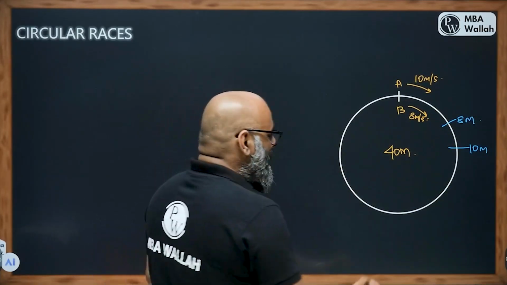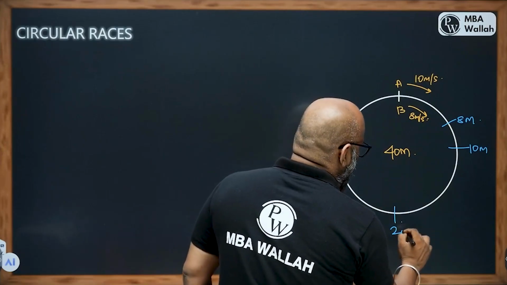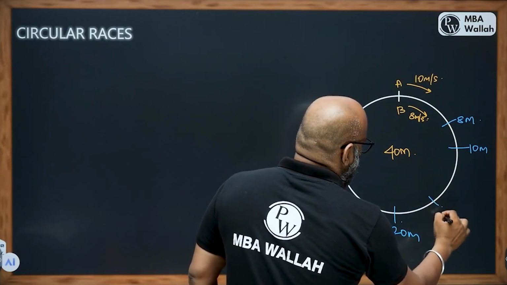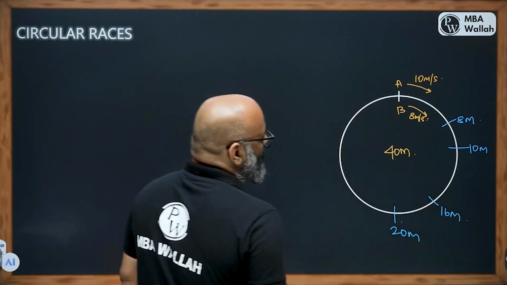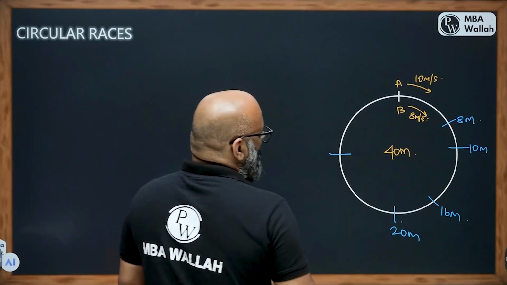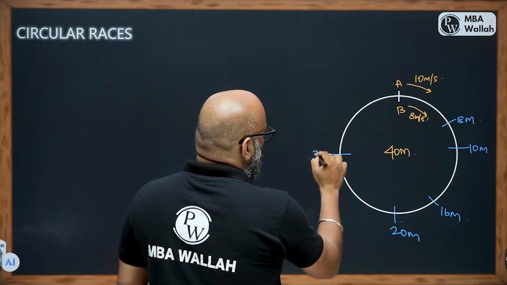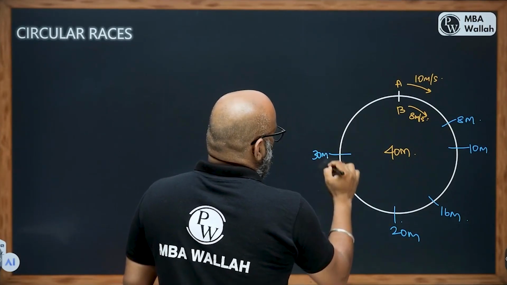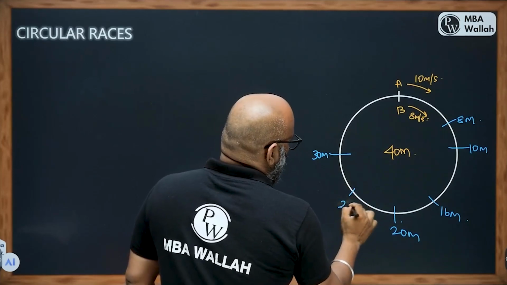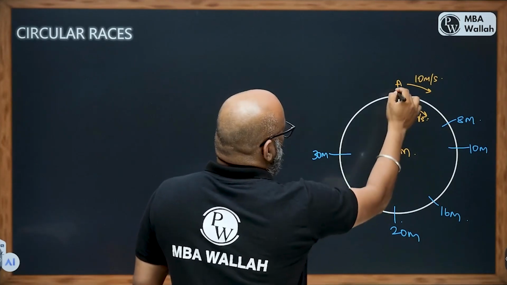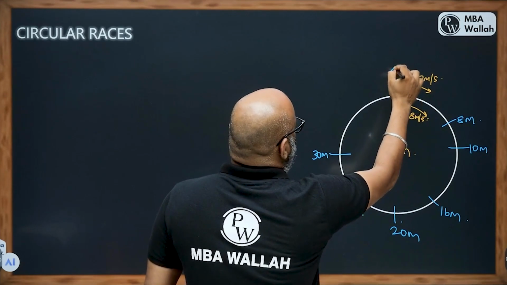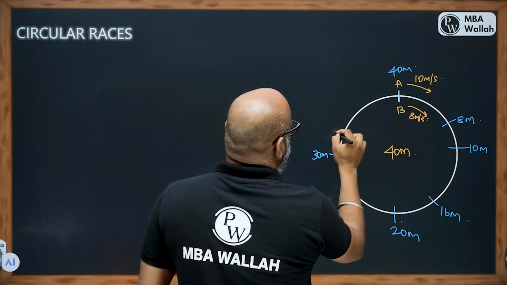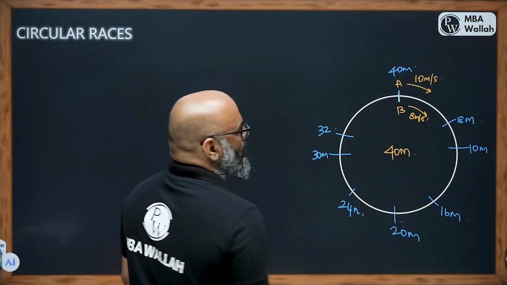Another 1 second later, A will be at the 20 meter mark. B will be at the 16 meter mark. Third second, A will be at the 30 meter mark. B will be at the 24 meter mark. Fourth second, A will complete 40 meters. B would have completed only 32 meters.